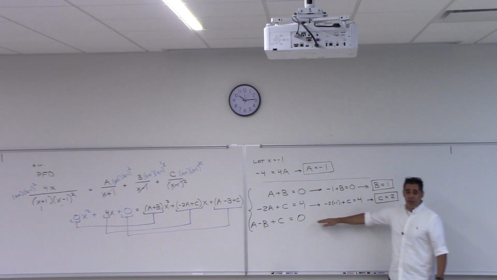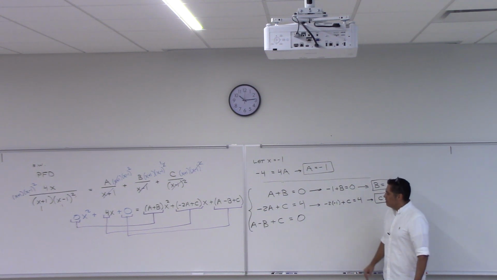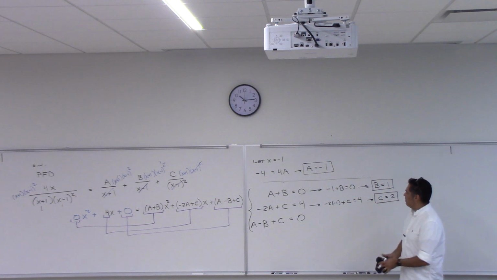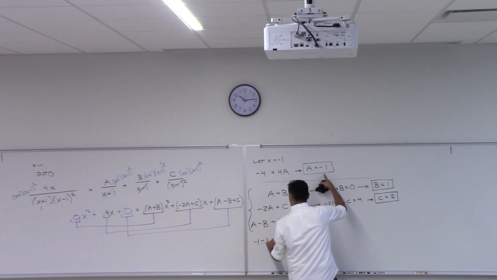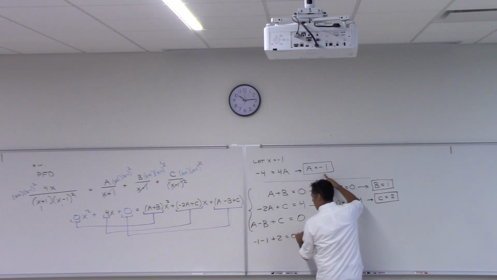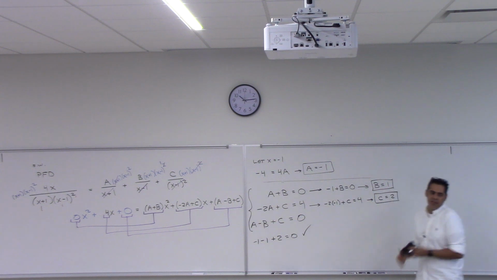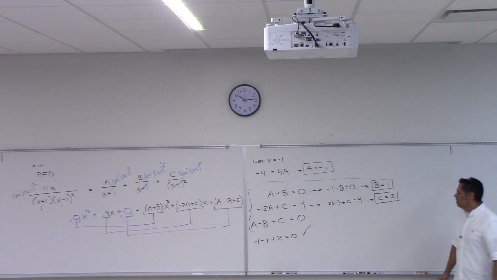So did I even need the third equation? I didn't need it. But you know what? Just for the sake of checking, let's see if it works. If I plug in A, negative 1, and then I plug in B, 1, and then add C, is it 0? Yes, it is. Okay, so it makes me feel better that I got the right answers here.